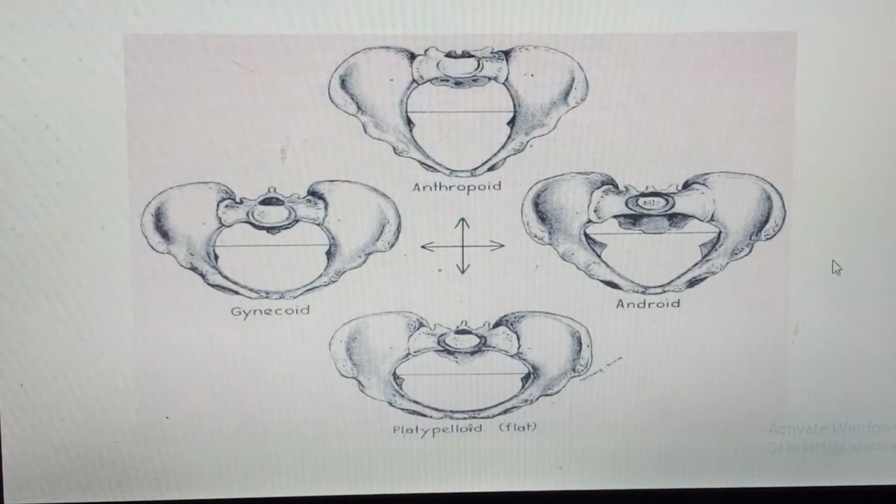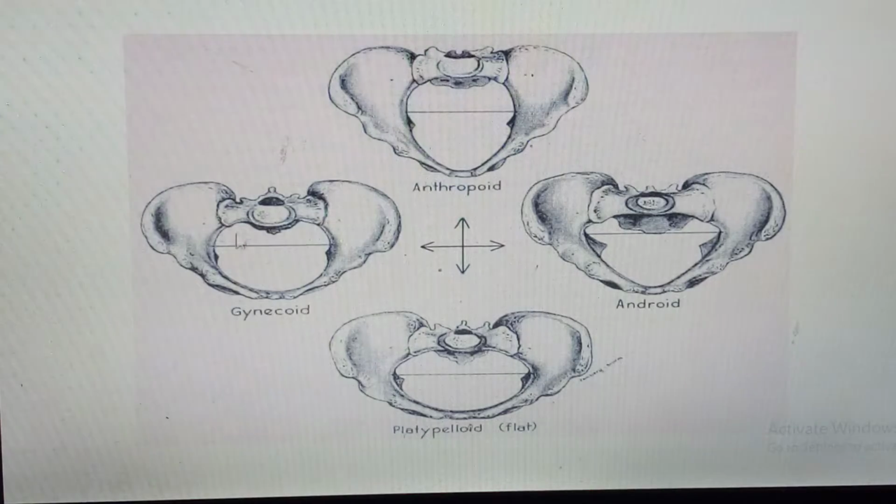Now, having seen the distinction between the male and female pelvises, there are other types of pelvis that females will also present with. The commonest one, which we are going to find in about 50% of females, is the gynecoid type. And as in the question you saw, this one is very suitable for transvaginal delivery.